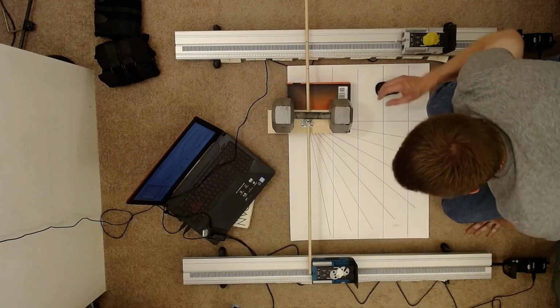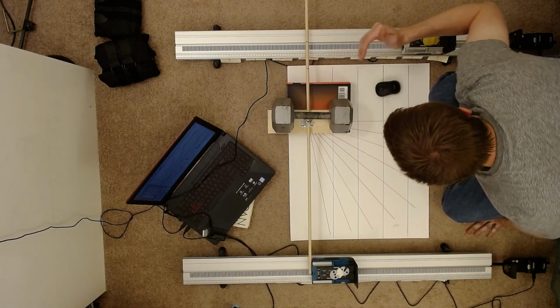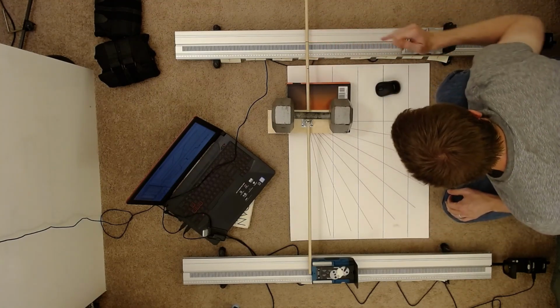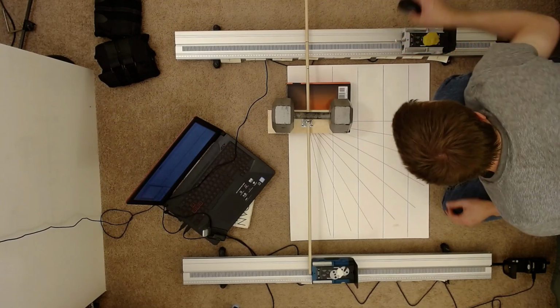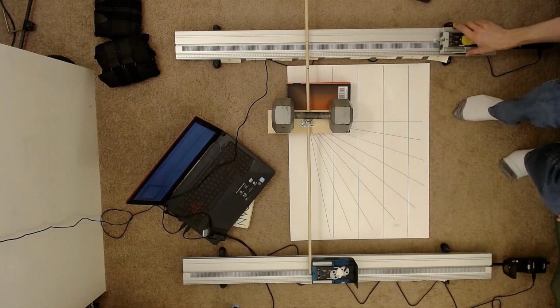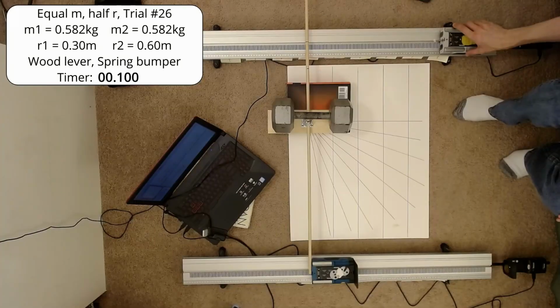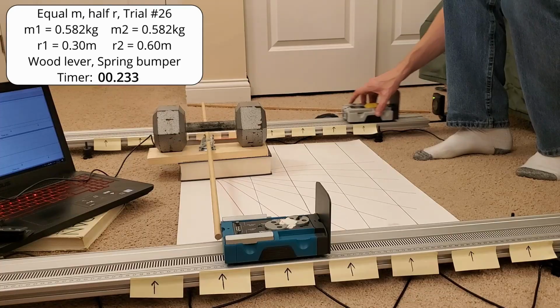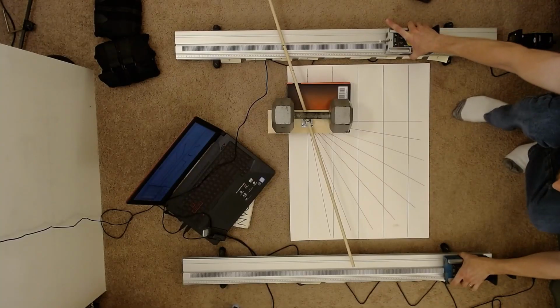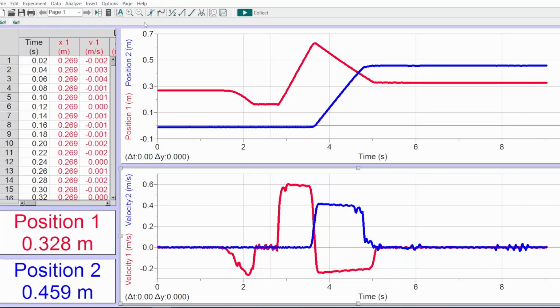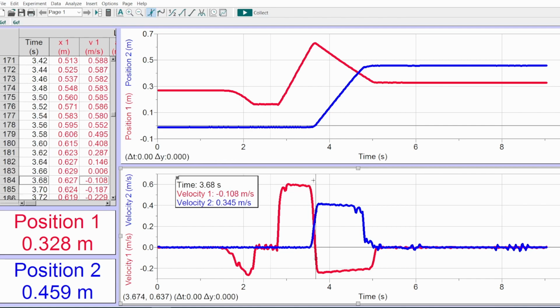Okay, so this is wooden flexible lever, equal masses, hitting at half the distance, elastic, trial number 2. So let's take the data. Okay, so for this trial, velocity before the collision is 0.586 meters per second.